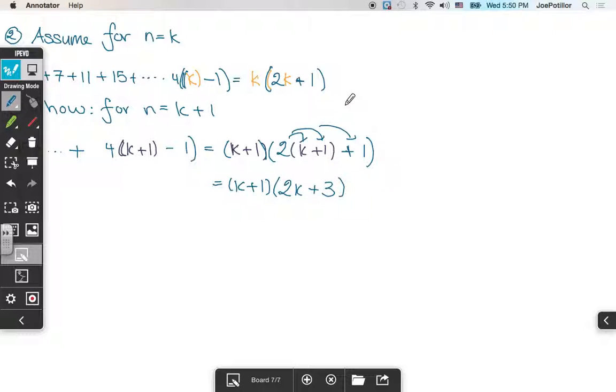So we have to show this is true. Okay? We have to show that this particular piece is true. So we have to get that after all of our work. So let's go to a new page.